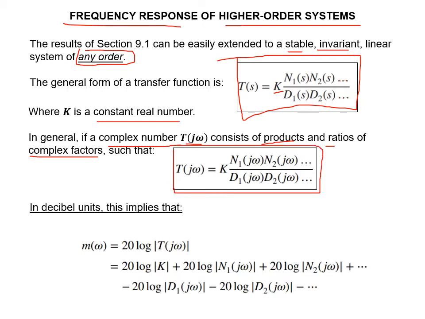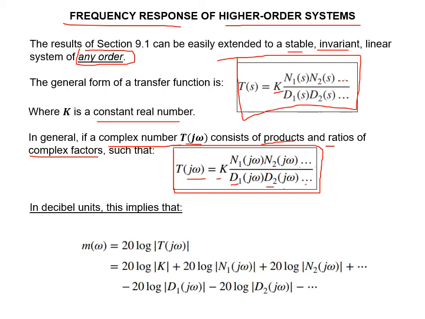So our T of j omega is equal to K, and now you can see how this varies from the one up above here, N1 times j omega, N2 times j omega, and so on and so forth. And the denominator is D1 of j omega, D2 of j omega, and so on and so forth.